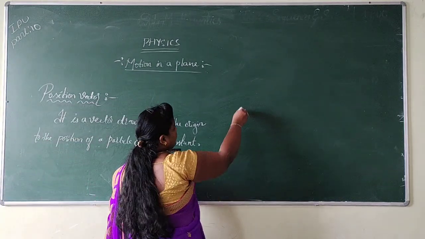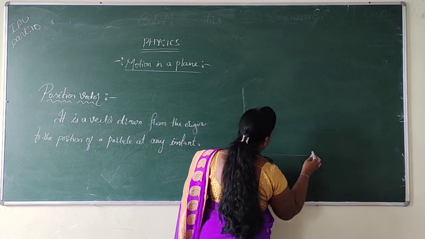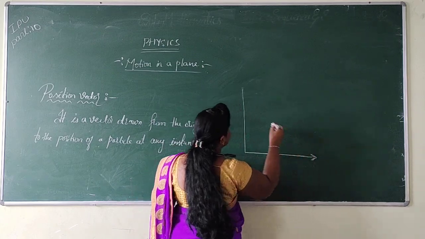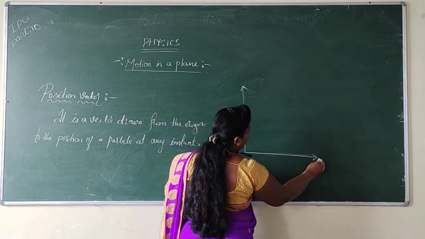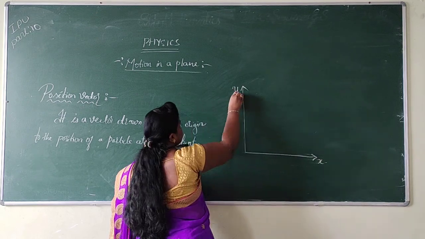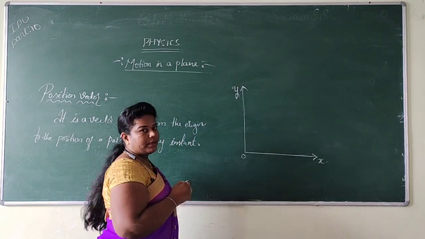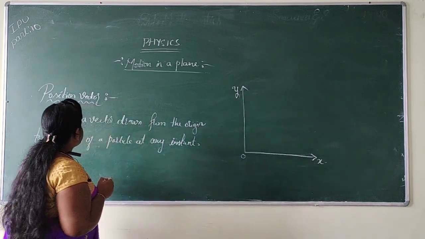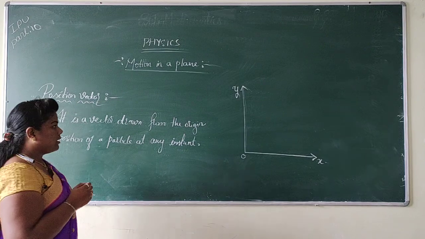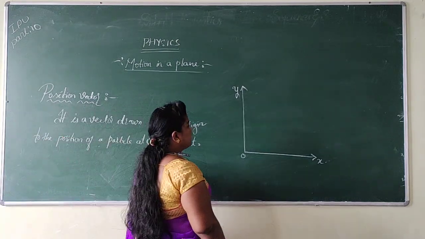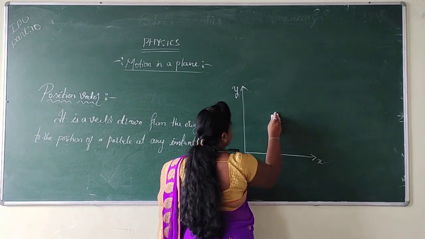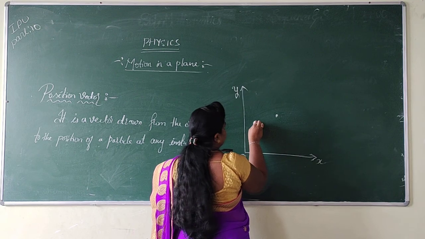So let us see how to define this. I am using a rectangular coordinate system, and here I am going to consider two axes, one along the x axis and another the y axis, whereas O is the origin. Assume the particle is moving, so it has different positions.